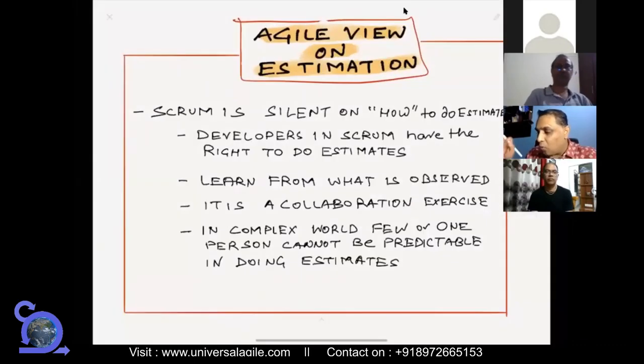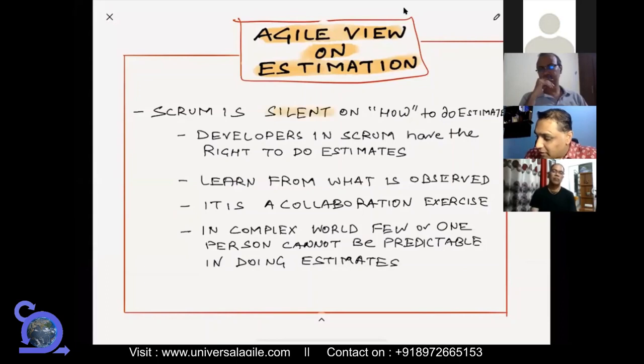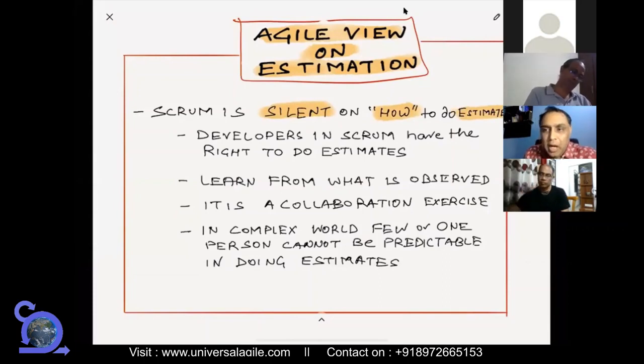Now, what is the view of Agile on estimation? Scrum is silent on how to estimate. A lot of you have done CSM from me, so you know that Scrum is silent. That means Scrum does not give you a technique or a way.